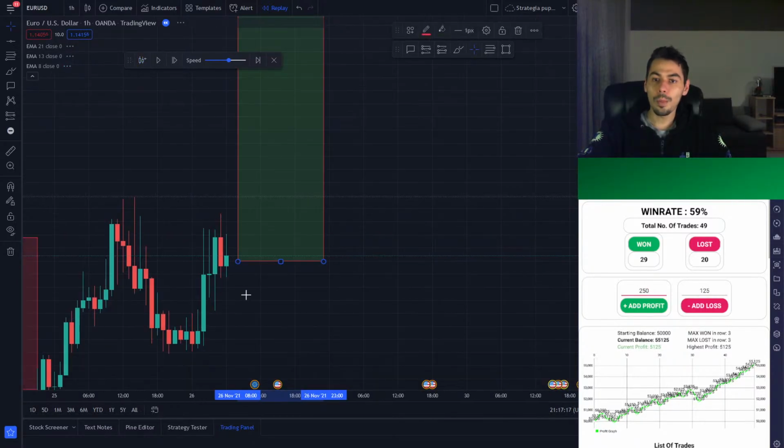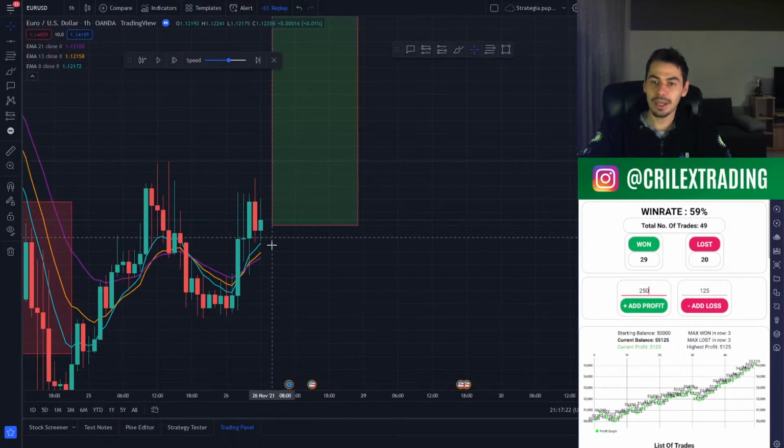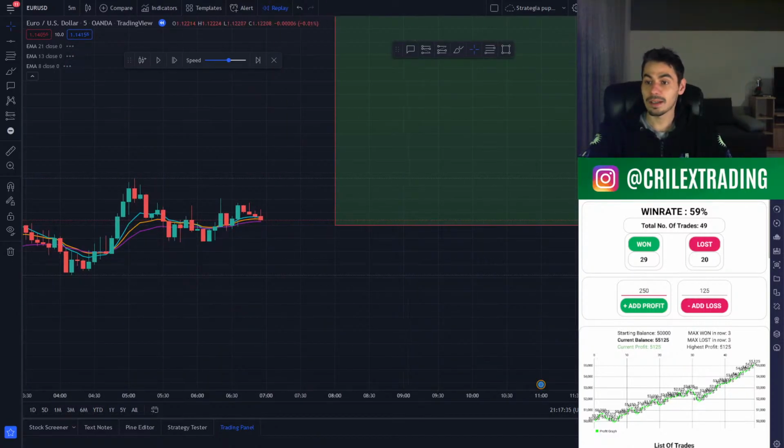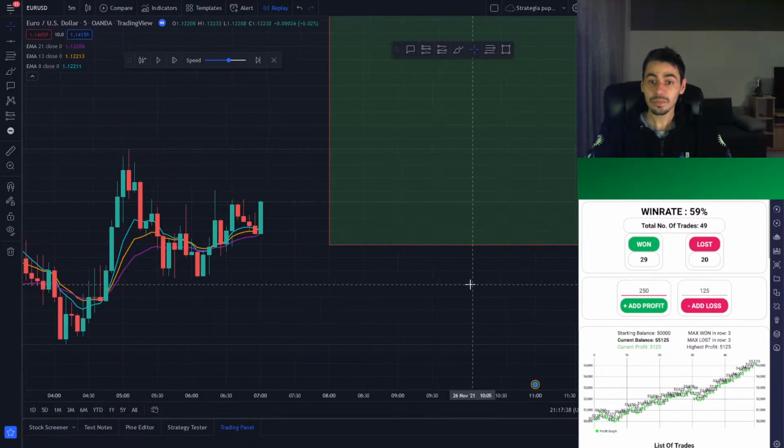When the candle opens above the EMAs and the EMAs are stacked like this, we can start looking for buys. So starting after this candle on the 1 hour time frame, after this candle closes and the next one starts, you can just jump into the 5 minutes, as I will be doing right now, and start looking for buys.